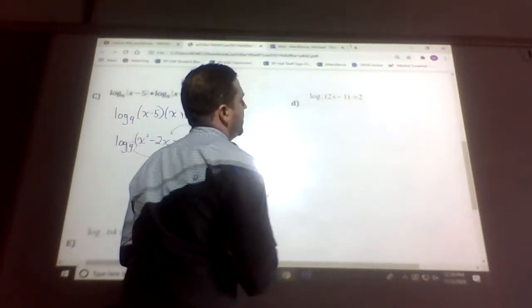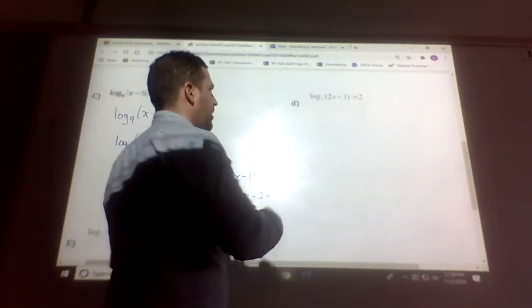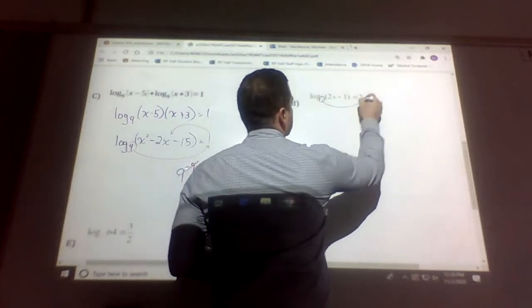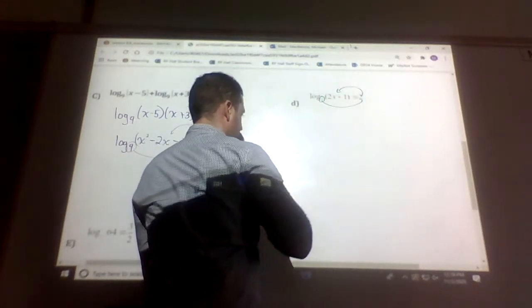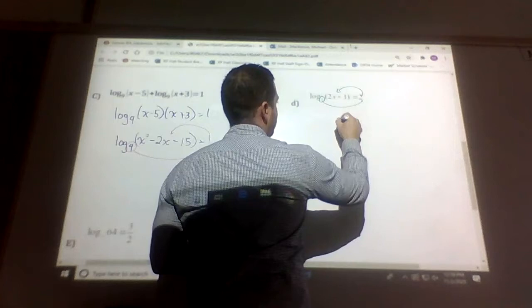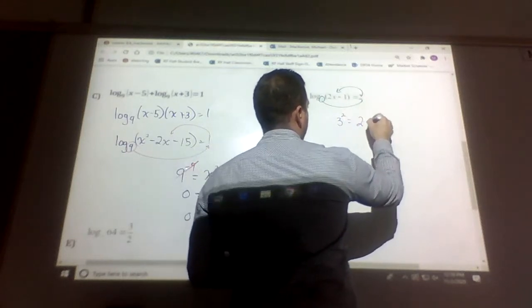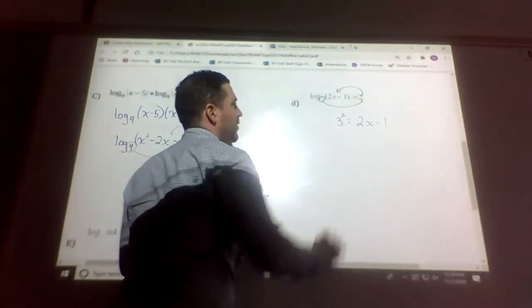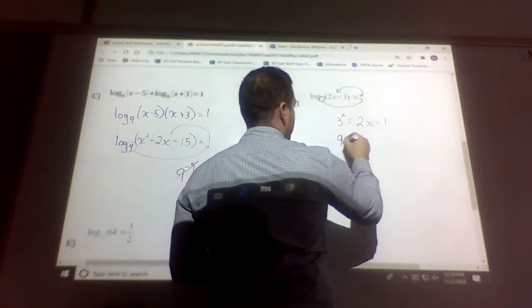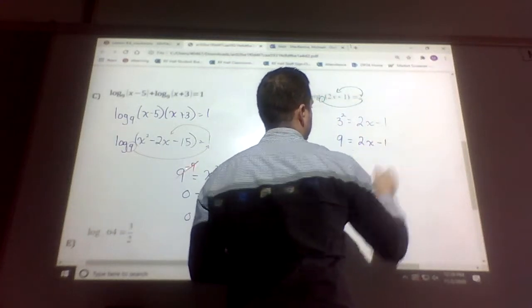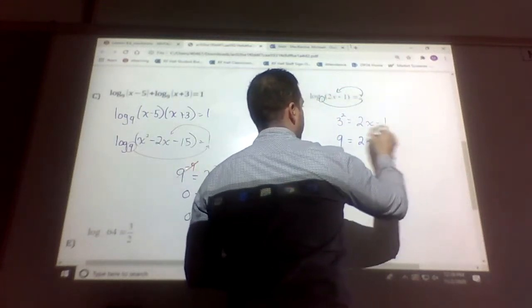Okay, next one. So log base 3 of 2x minus 1 equals 2. We're going to convert it. So we get 3 to the power of 2 equals 2x minus 1. This one's pretty simple. 3 squared is 9. We're going to add 1.